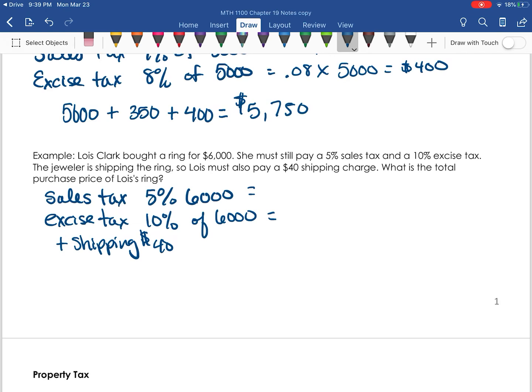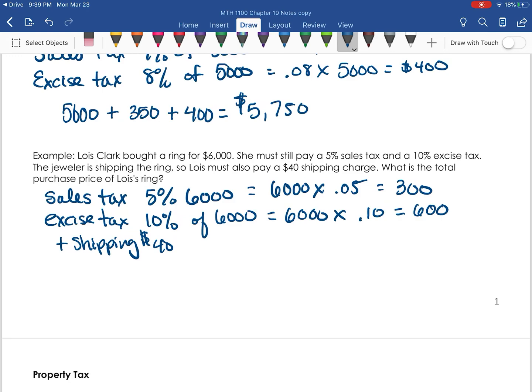So I need to take 6,000 times 0.05, because that's 5% as a decimal. That's going to give me $300. And then I'm going to take 6,000 times 0.10.